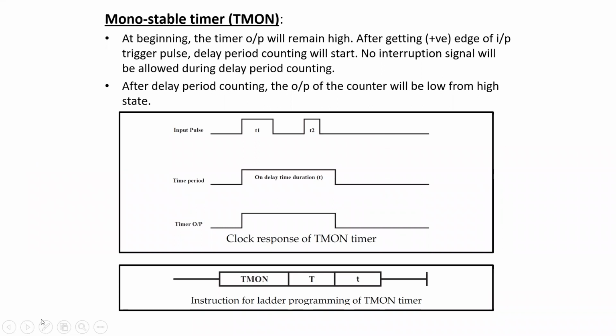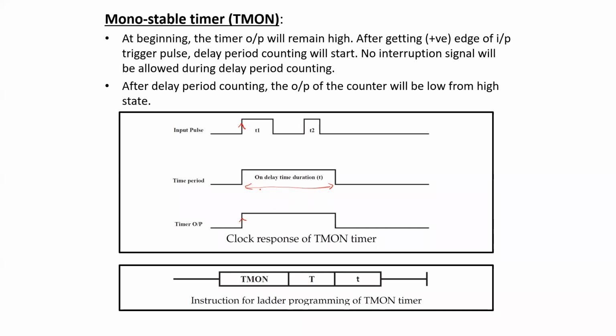The other type of timer is the monostable timer. So how does this sort of timer operate? Upon receiving an input pulse, at the positive edge of the input pulse, the timer output will go high. At the same time, the delay count will start, and the delay count will go on for the time period set by the user.